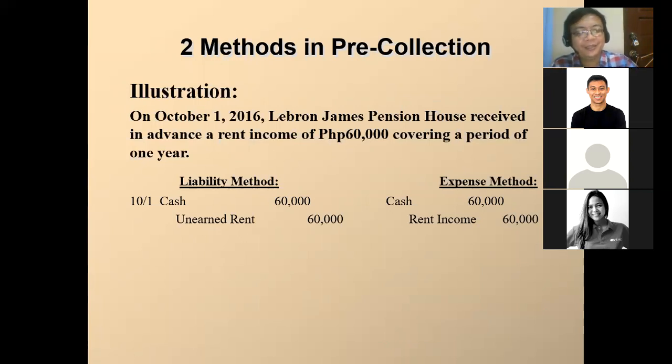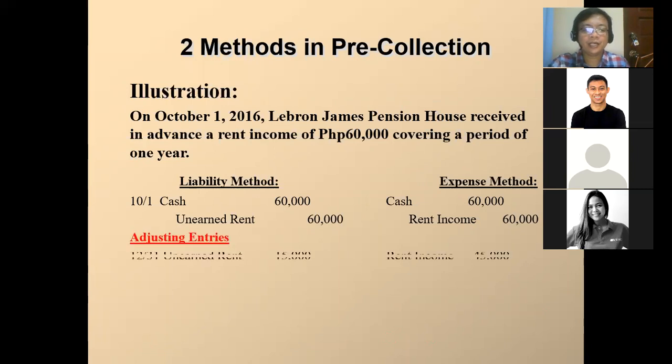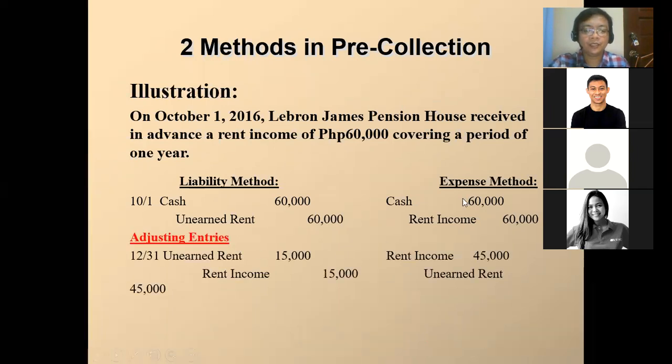Anyway, October 1, 2016, LeBron James pension house received in advance rent income of 60,000. Again, please disregard the, sorry, it should be revenue method. Disregard, we will focus more on liability. Okay? Covering 1 year.